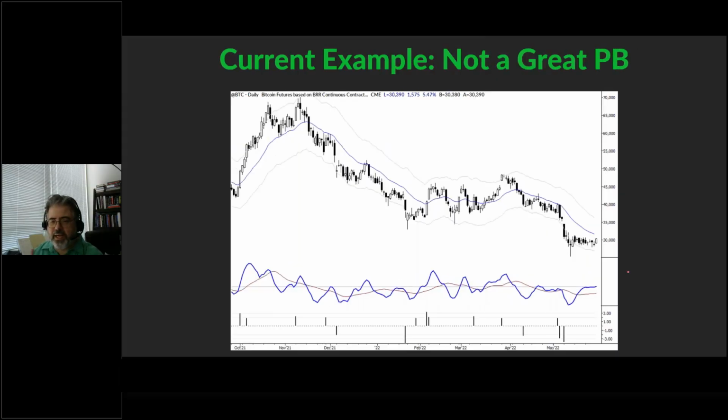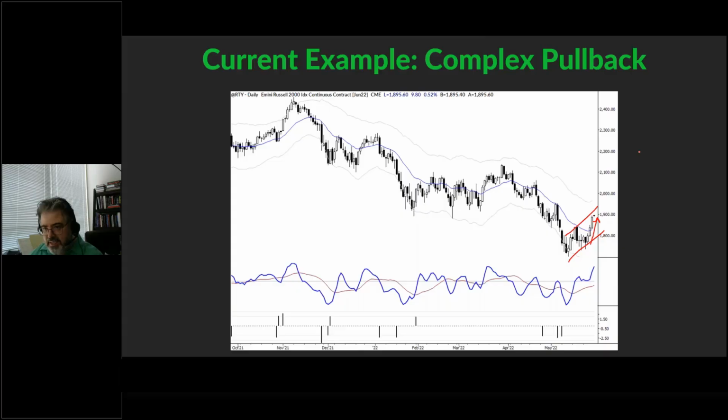Here's an example of something that I don't think is a great pullback. I know since I captured this that Bitcoin rallied, but this was before the rally. Notice that this is much more of a sideways range. So we talked a little bit about this. The geometry of the best pullbacks tends to be a pullback against the trend.